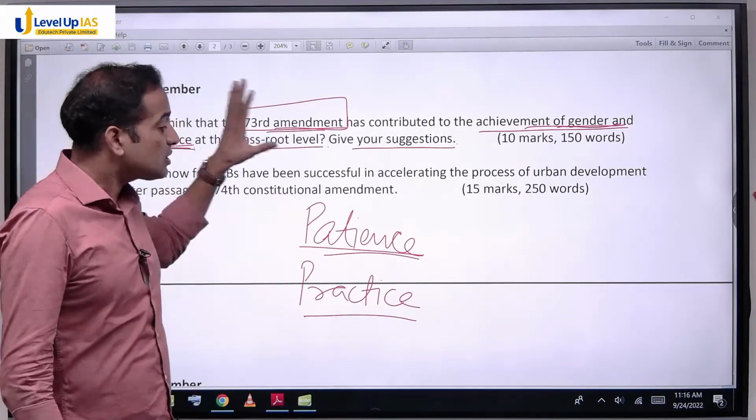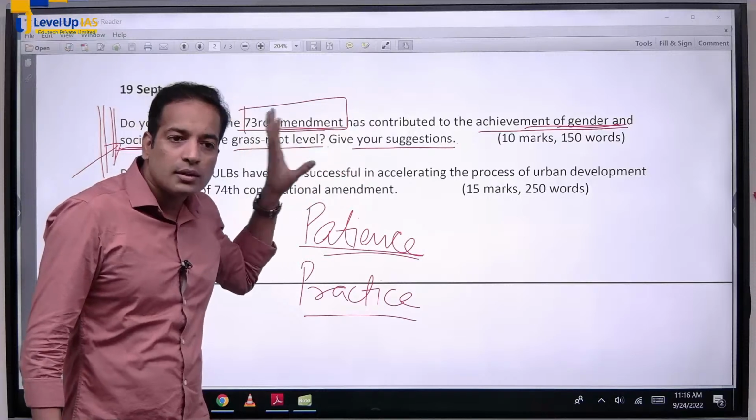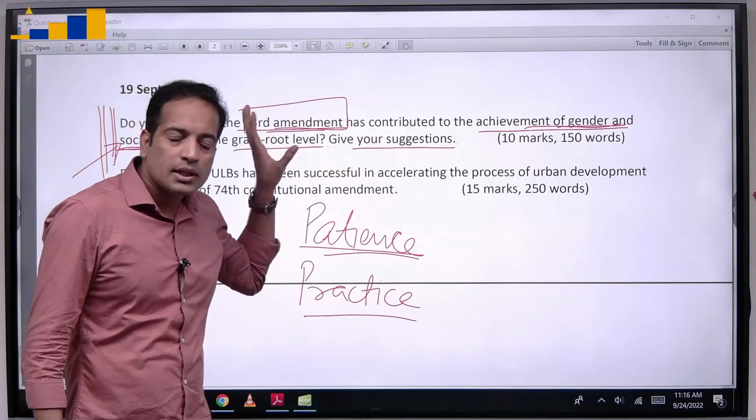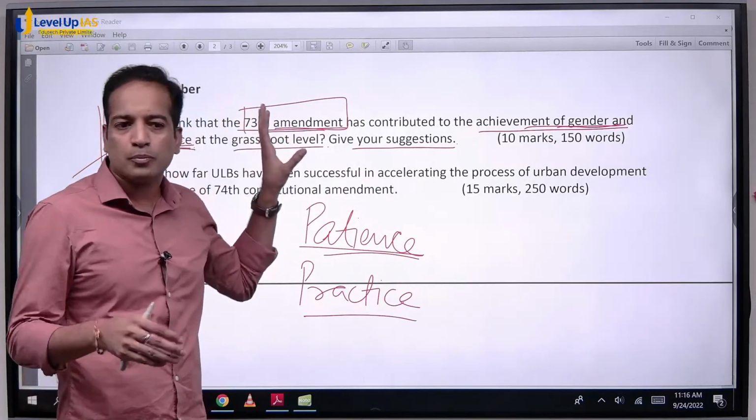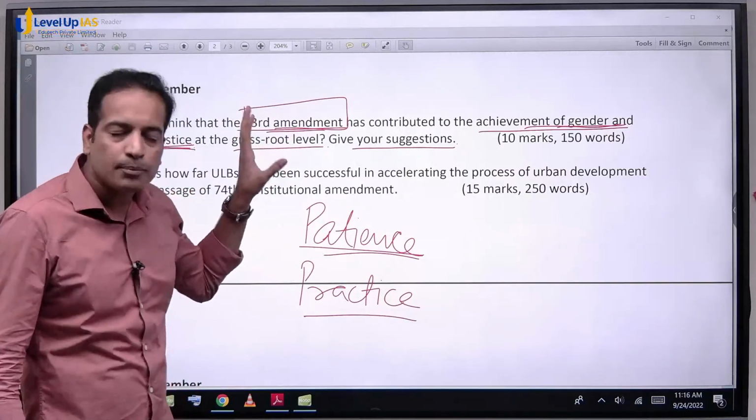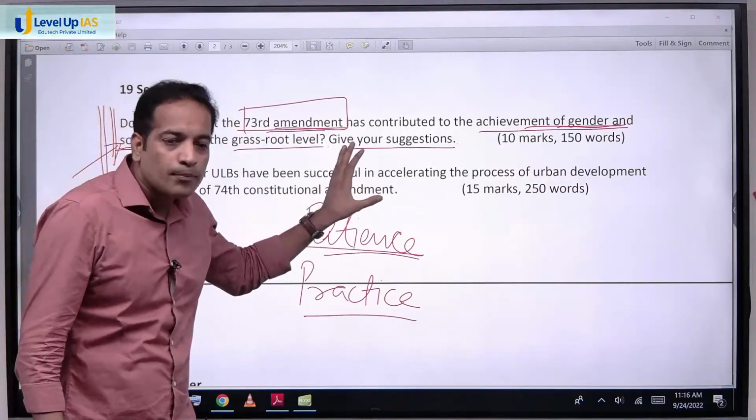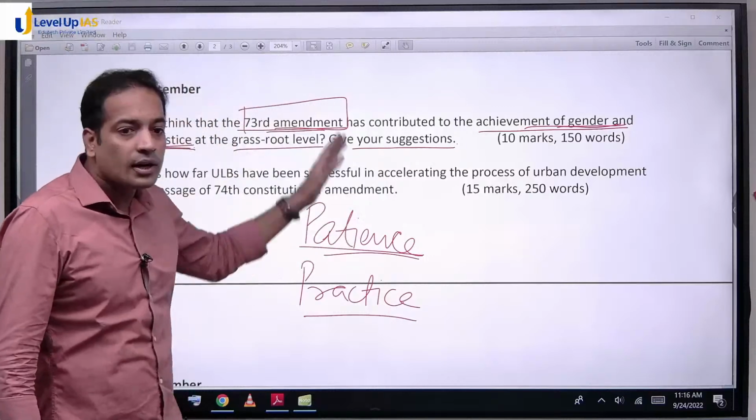So to develop that, naturally it will take time. That is why I say to you again and again that please give time, even if it takes half an hour to write an answer.